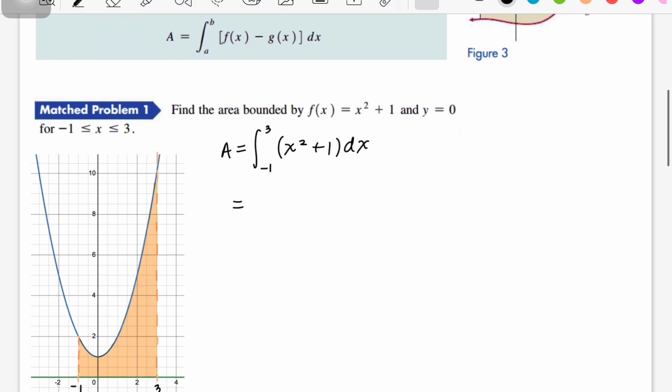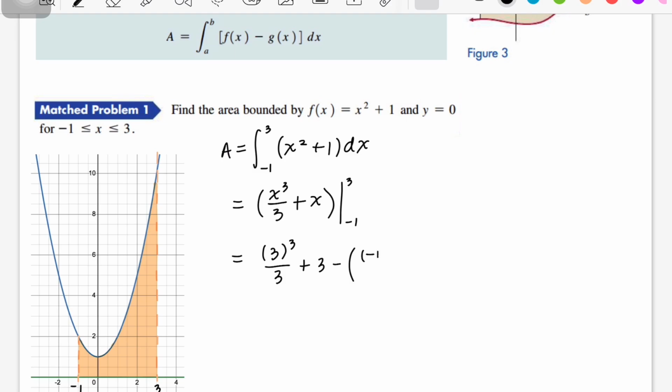All right, so all we need to do is take the integral here. We'll find the antiderivative of this. We know that's going to be x cubed over 3 plus x. And we know we want to evaluate this at the lower and upper limits there. So doing so, we'll get 3 cubed over 3 plus 3 minus -1 cubed over 3 plus -1.